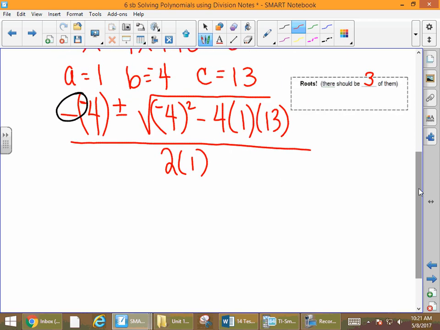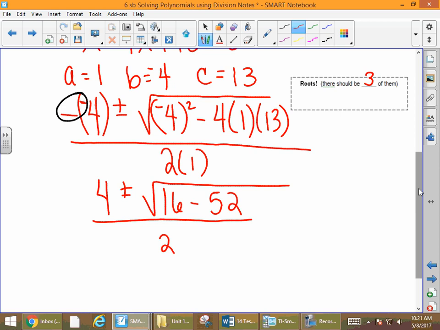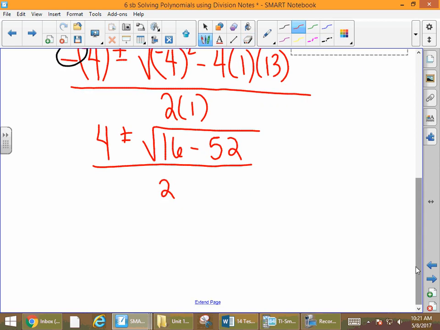We get 4 plus or minus. Remember, if you're typing in negative 4 squared, you must have parentheses. It's going to give us 16. And 4 times 1 times 13 is 52. Divided by 2. Well, 16 minus 52 is negative 36.